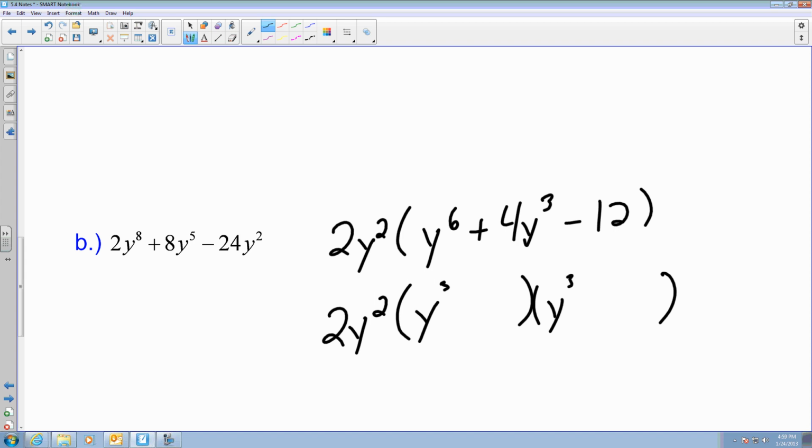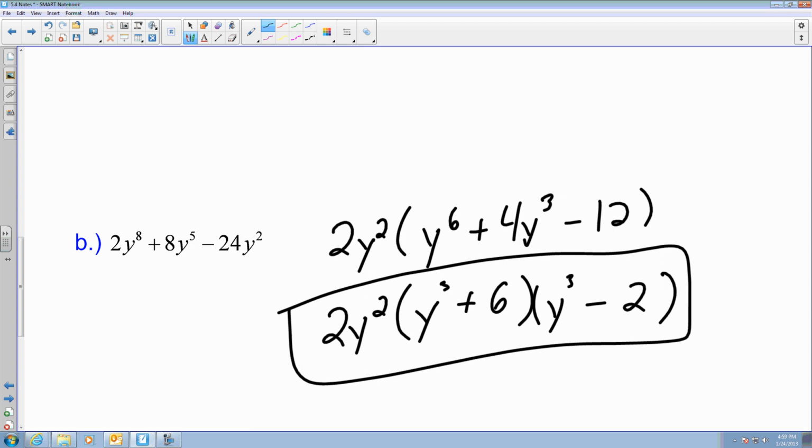This minus here and the 12 tells me that they're going to be different, and the plus 4 means that the larger value is going to be attached to the plus, so it's going to have a 6 and 2, and that is factored out completely.